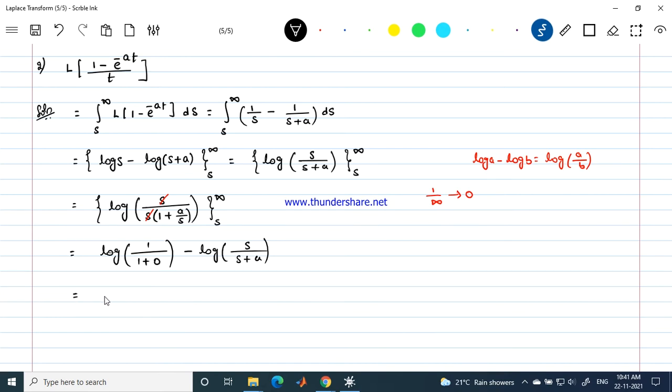So this is nothing but log 1 minus log of s upon s plus a. So my answer, log a minus log b gives log of 1 upon s by s plus a. It becomes log of s plus a by s, or log of 1 plus a by s.